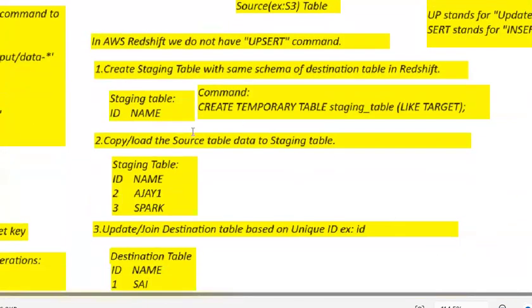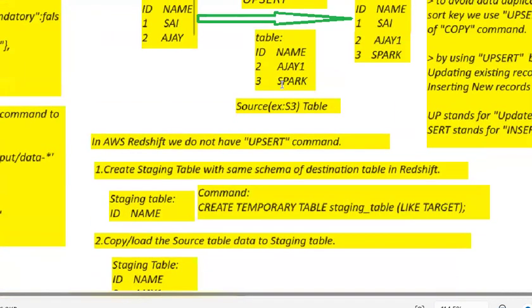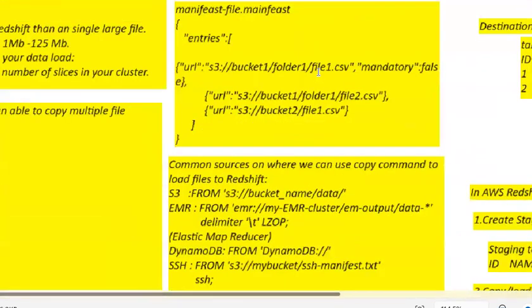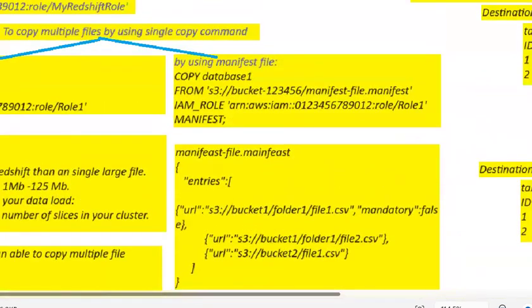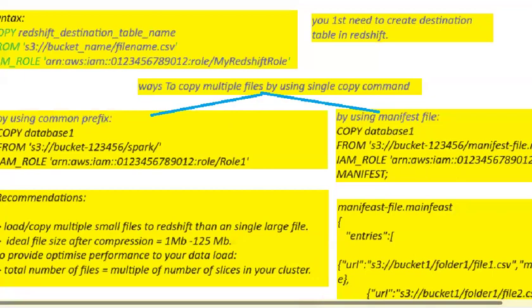Now in the second step, what do you want to do? In the second step, you want to copy or load the source table data to the staging table, the staging table that was created. For that, you have already seen the commands using the copy command, how you can copy.